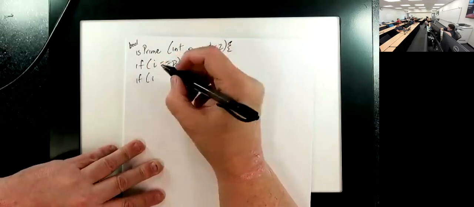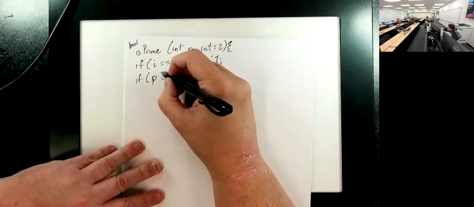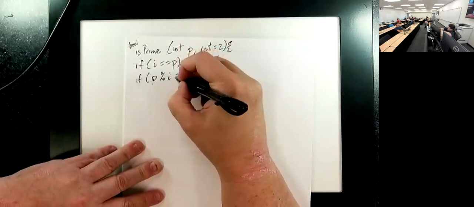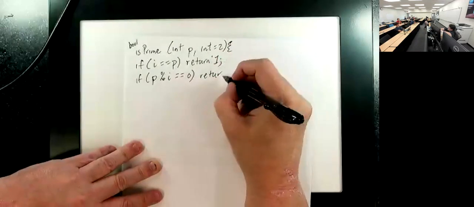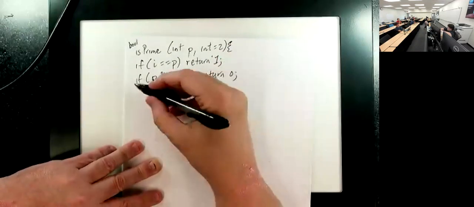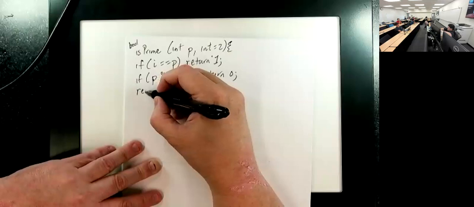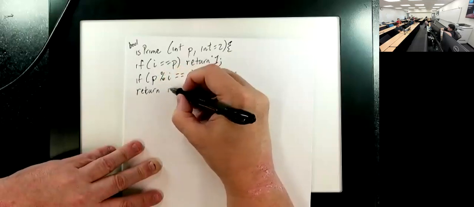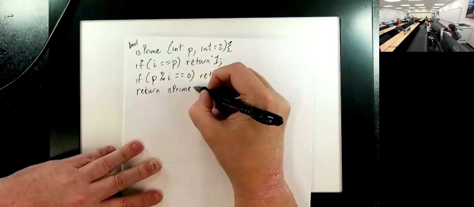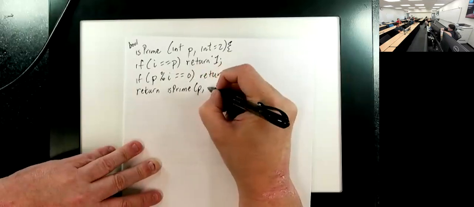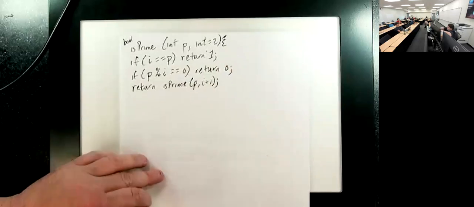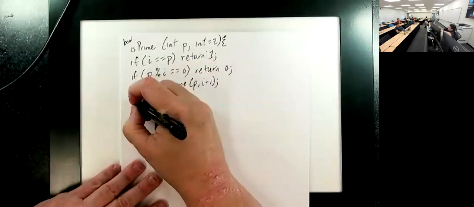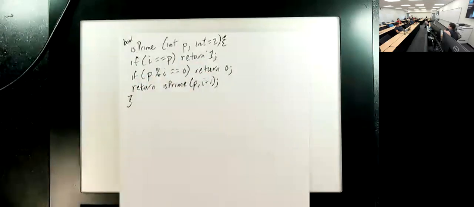If p modulo i equals 0, we're going to return 0. Otherwise, we return isPrime(p, i + 1). Okay, that's the program. Finish the function.